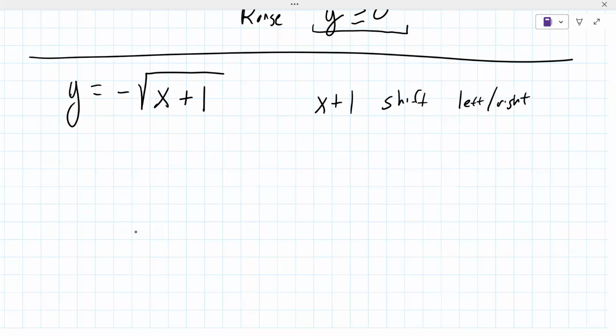Shift left. Why is it a shift left? Because x plus 1 is different than x minus 1. x plus 1 is from the left and x minus 1 is from the right. Right, that is correct. It is left one.